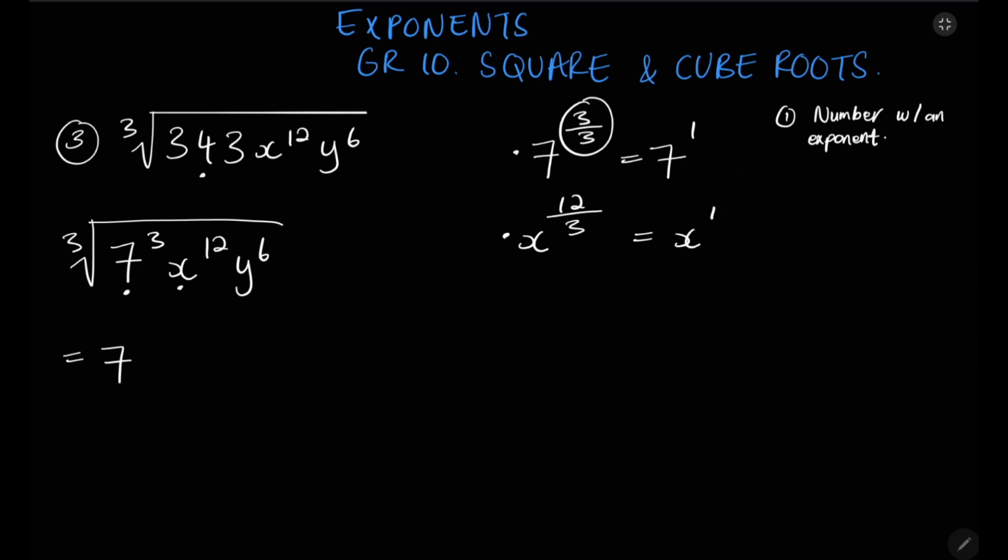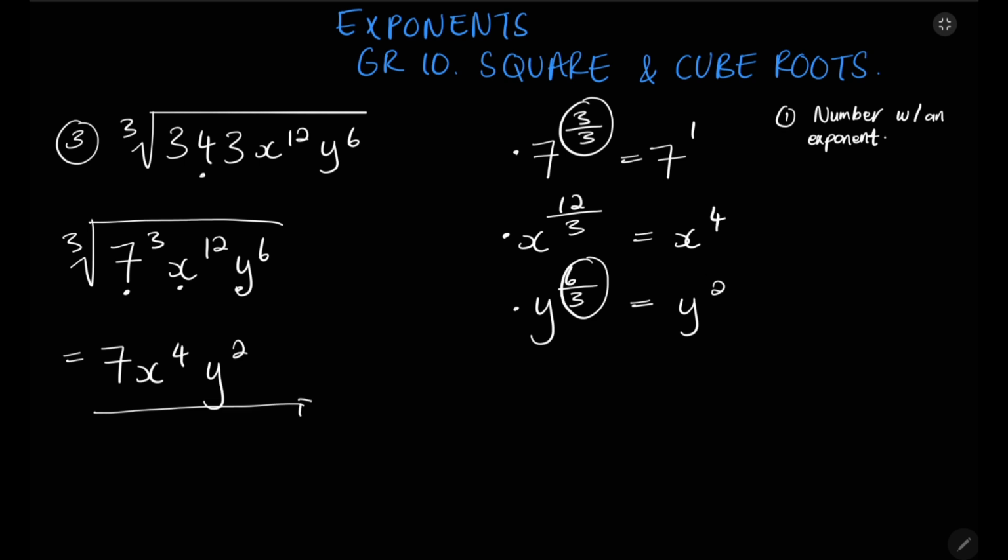What is 12 over 3? 4. So you write your x to the power 4 there. Let's move to y. We have y to the power 6, which is your inner, over, what is your outer? 3. Your answer is y. What is 6 over 3? 2. You write our y to the power 2 there. So our final answer is 7x to the power 4 y squared.